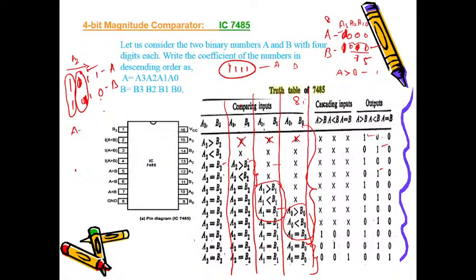So assume when A3 is equal to B3, A2 is equal to B2, A1 is equal to B1, A0 is equal to B0, you can assign some variables x3, x2, x1, x0. What is the gate used to detect? XNOR gate, right? So with the XNOR gate I can symbolize the equality function like this.